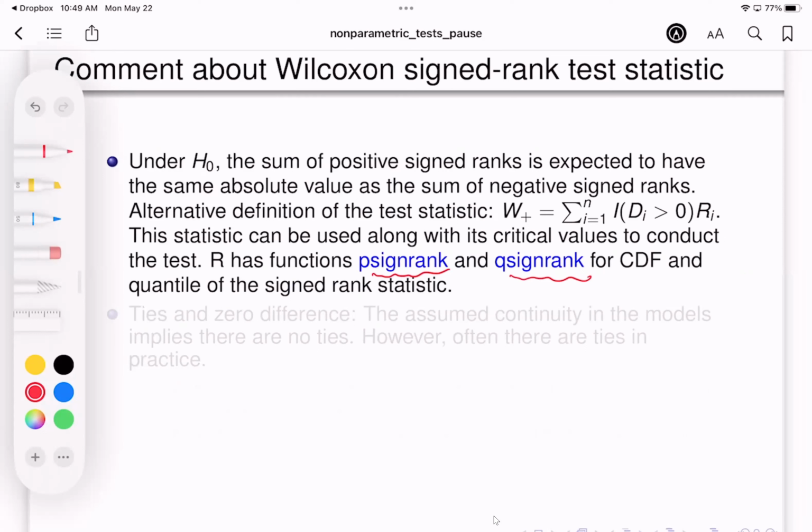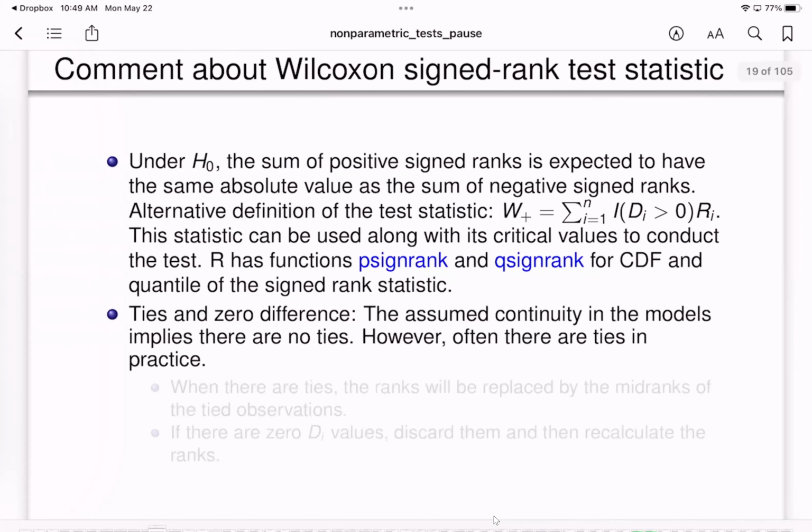In addition to the situation that we have discussed here, we could also consider if the observations have some tied values. If that happens, the assumed continuity in the model would exclude those, in the sense that ties would not happen. But in practice, the measurement is always of a certain accuracy.